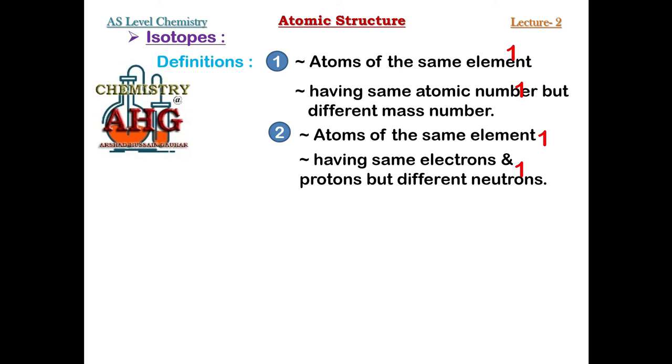But if it is clearly mentioned in the question paper what do you mean by isotopes in terms of subatomic particles, you must write down the second definition, because if as an answer you give the first definition, the examiner will not give you marks for writing definition number 1 in terms of subatomic particles.